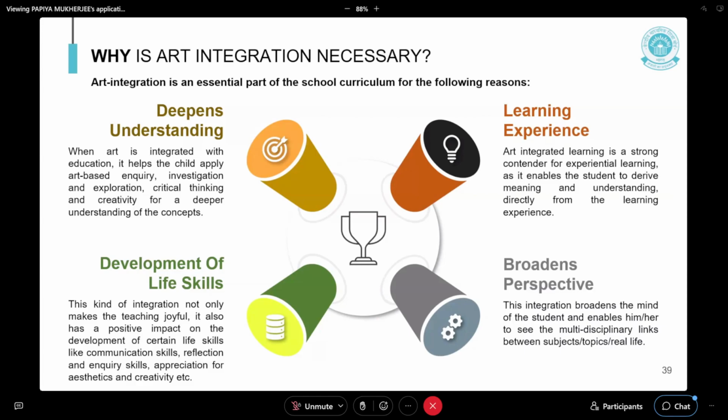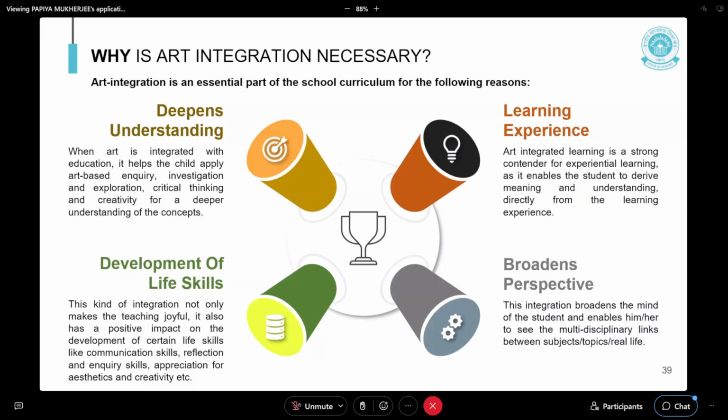It provides a learning experience whereby children are directly learning and understanding from the experience they undergo, and it can be a dance form which can be used to explain a concept. Some beautiful videos are there. We are lacking in time, so would not be able to share much now, but some beautiful videos on integrations of art in its various forms are available.